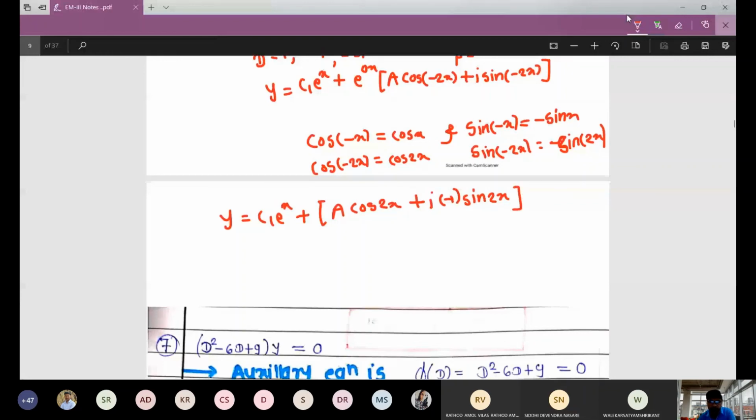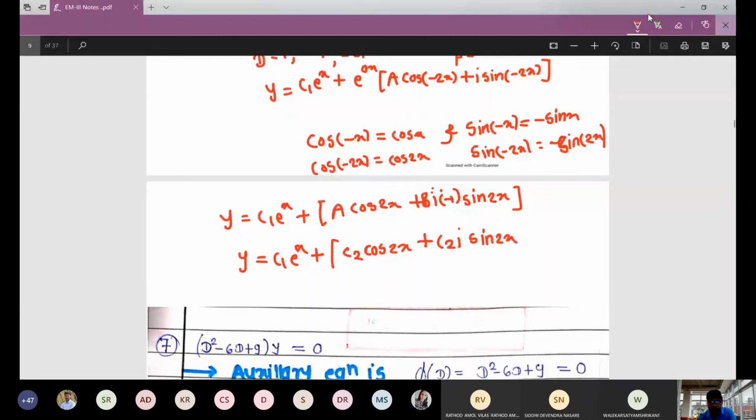And b times i, just let me erase it. So b times i times this minus 1 times sine 2x. Now I'm replacing: y is equal to c1 e to the power x, replacing a by another notation c2 cos 2x, and c2 i sine 2x.